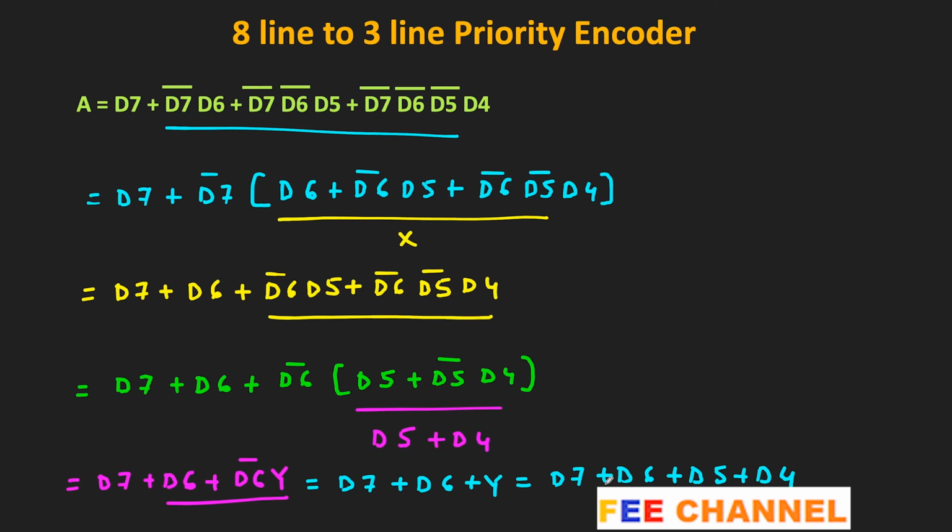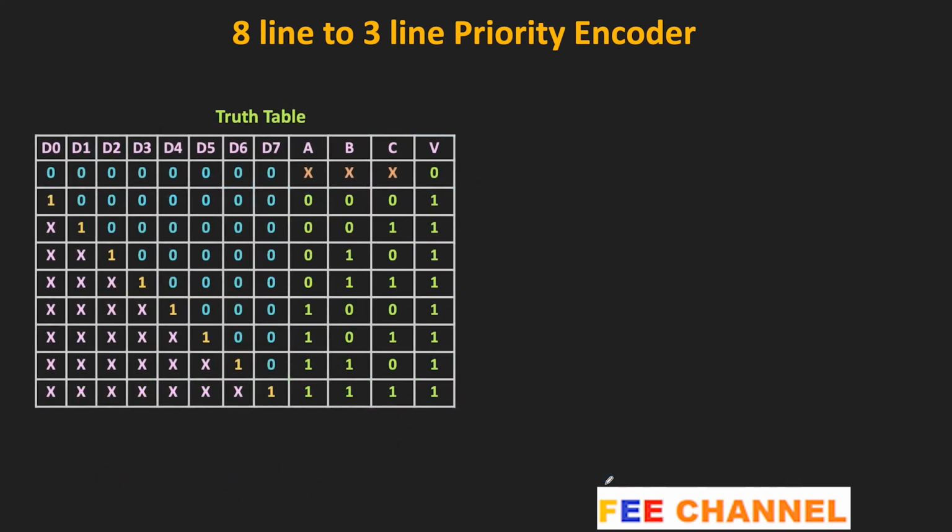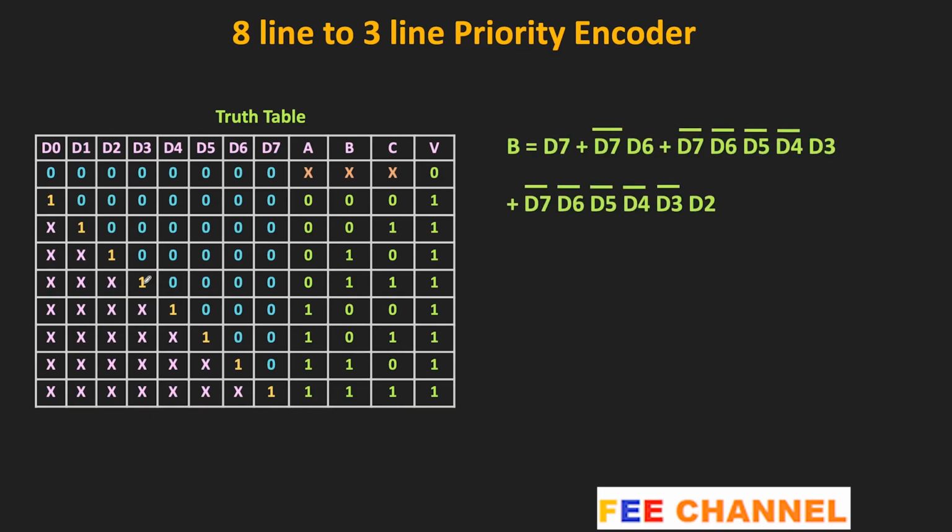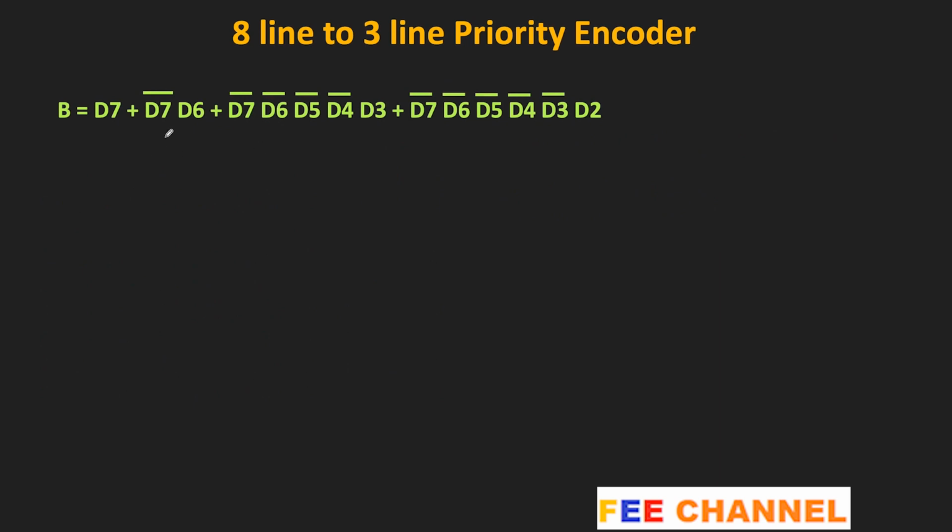Once again, in the last three terms, this D7 invert is common. So let's take it outside and let's say the remaining term is equal to x. In that case, we can write it as D7, or D7 invert, x, and that is equivalent to D7, or x. That means B is equal to D7, or D6, or D6 invert, and D5 invert, and D4 invert, and D3, or D6 invert, and D5 invert, and D4 invert, and D3 invert, and D2.